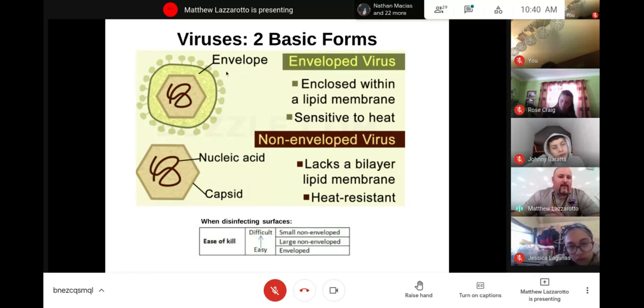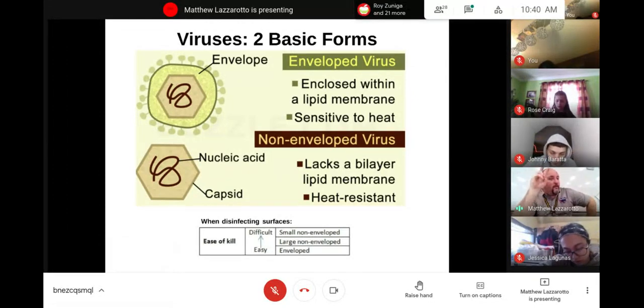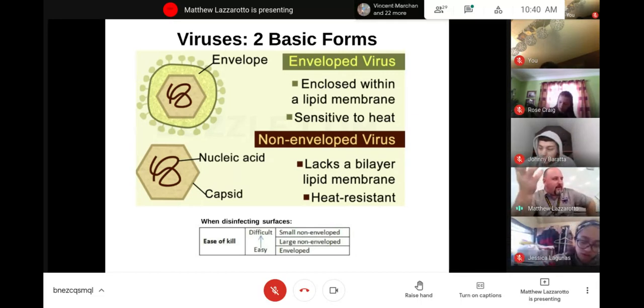It's just the enveloped virus has a lipid membrane on the outside. And so this kind of flies in the face of the idea that there's only two parts to viruses. Because remember, initially I had said that there's only two parts. There's the protein capsid and nucleic acid core. But there are some variations of viruses that are enveloped.